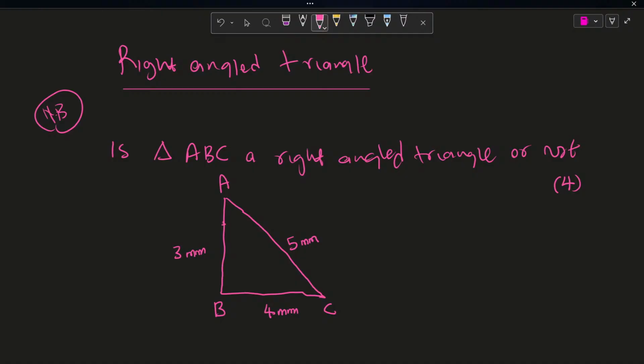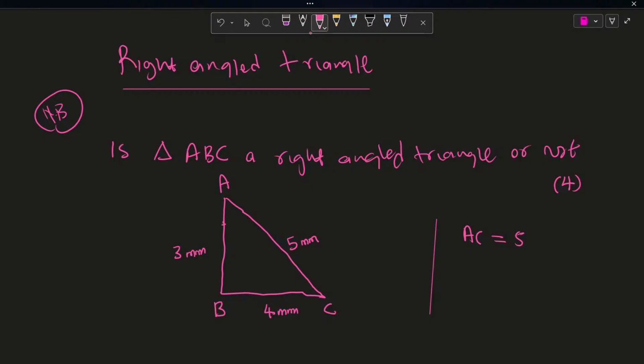For it to be a right angled triangle, this is what must happen. You need to assume the bigger side. You just put a line like this, and then you say the bigger side is 5.